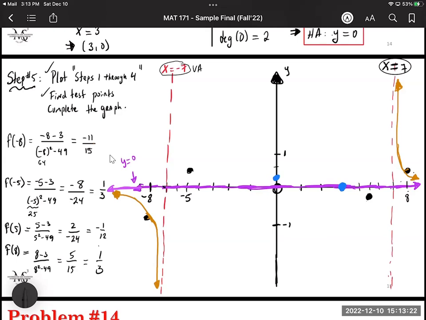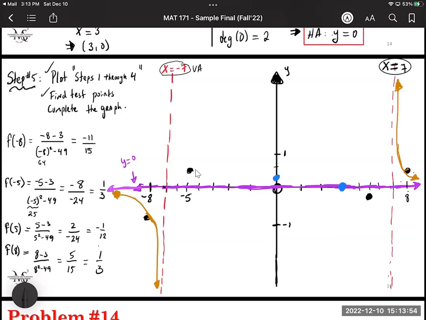Now that I've got the end behavior out of the way, I just have to focus on this middle piece. So look at your ordered pairs. We have (-5, 1/3). Then (0, 3/49), that was a y-intercept. We have the x-intercept at 0. And lastly, -1/12. So 1/3, 3/49, 0, and -1/12.